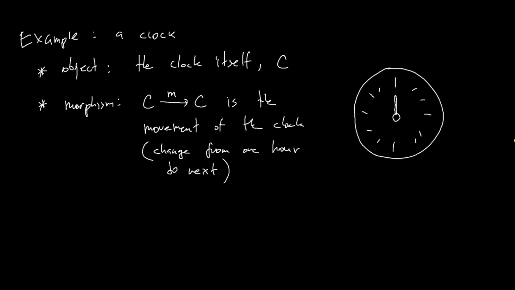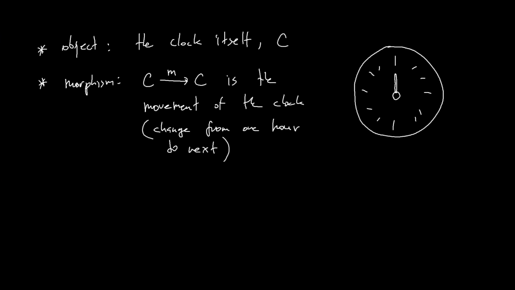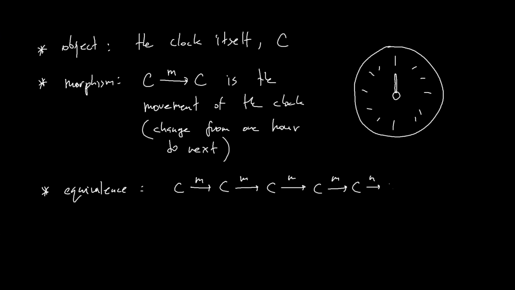So if you move the hand of the clock 12 times, it ends up being at the same position as it started. So perhaps our equivalence should say that the path that begins at C, obviously there is only one object, and that has 12 many M's in it. 1, 2, 3, 4, 5, 6, and so on.